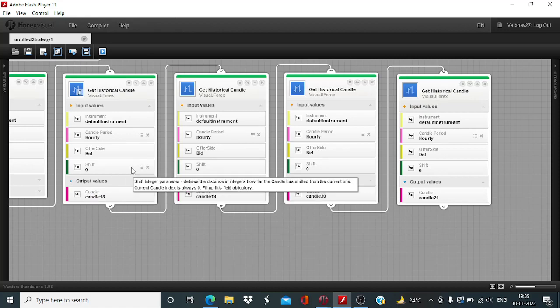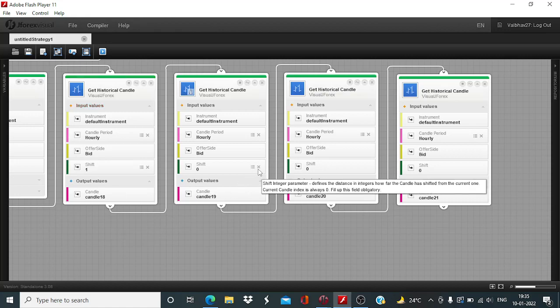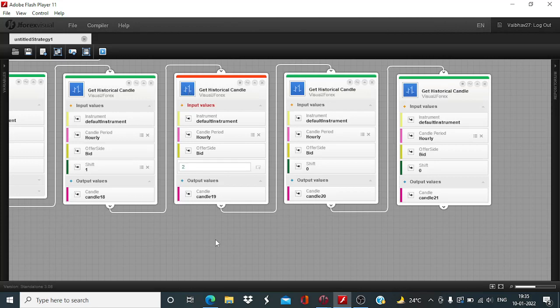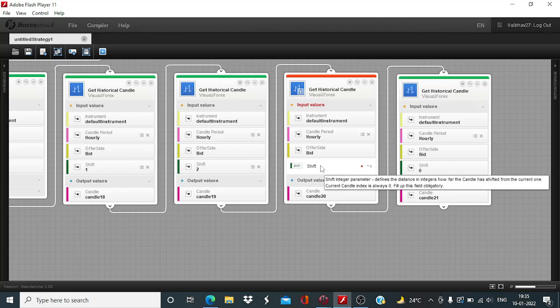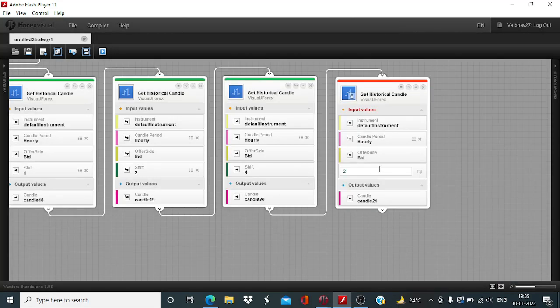Then these shift values will need to be changed: 1 in this case, 2, here it will be 4, and here it will be 24.